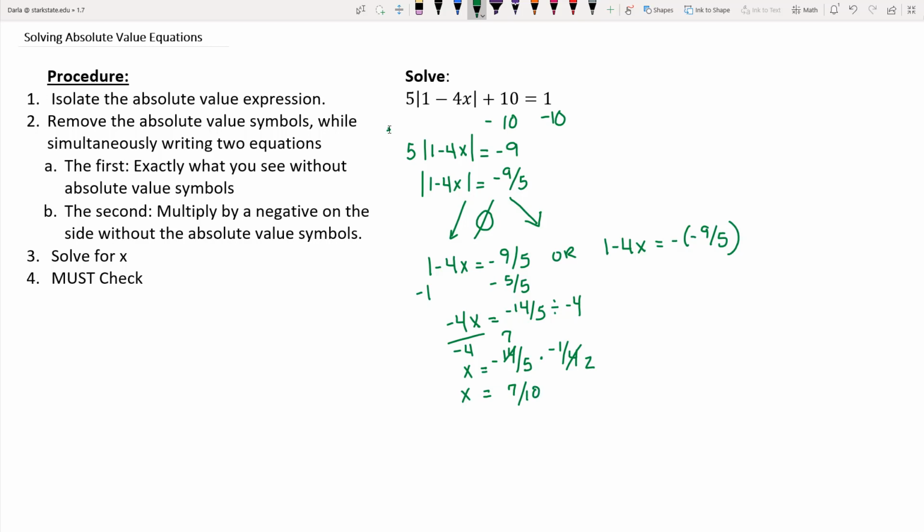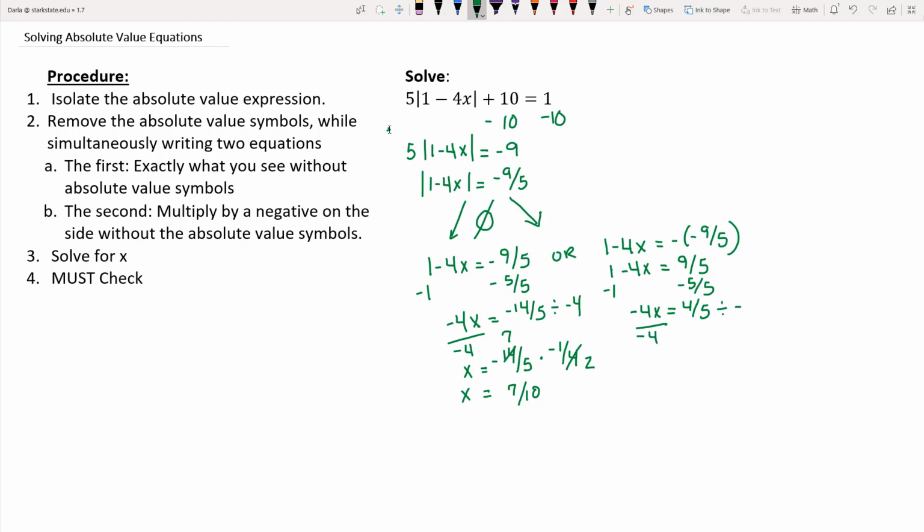And then if we solve the other equation, we need to multiply that negative times a negative 9 fifths, and we would get a positive 9 fifths. Subtract 1 from both sides, do it in the form of 5 fifths on the right. We get negative 4x equals 4 fifths. But then again, I have to divide by a negative 4.